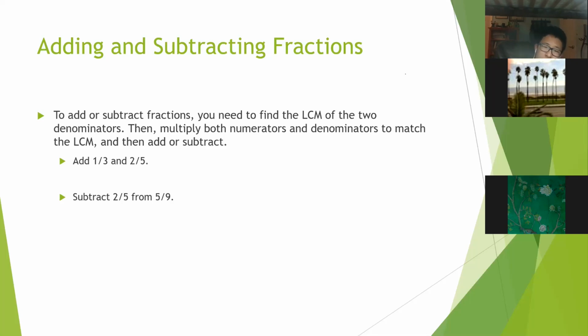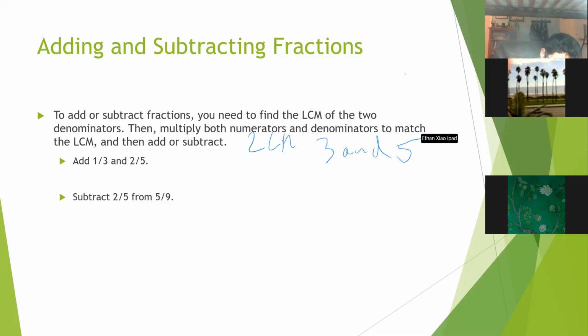So what I'm going to do here is now I'm going to add 1/3 and 2/5. So we have to find the LCM of the two denominators, 3 and 5. So the LCM of 3 and 5 is 15. Now we have to multiply these fractions to match the LCM. If you multiply both the numerator and the denominator by the same number, the fraction will still be the same, it's just written differently.